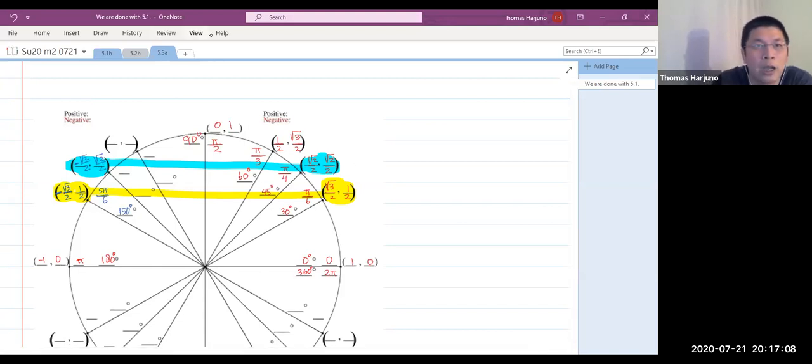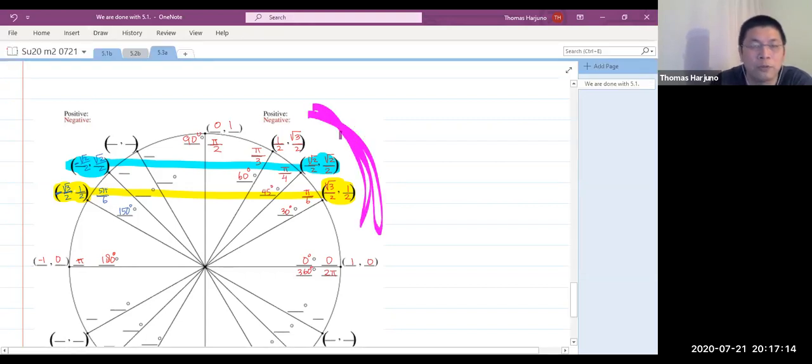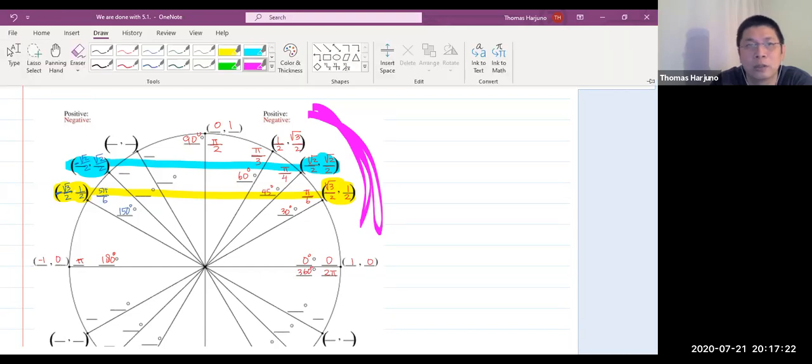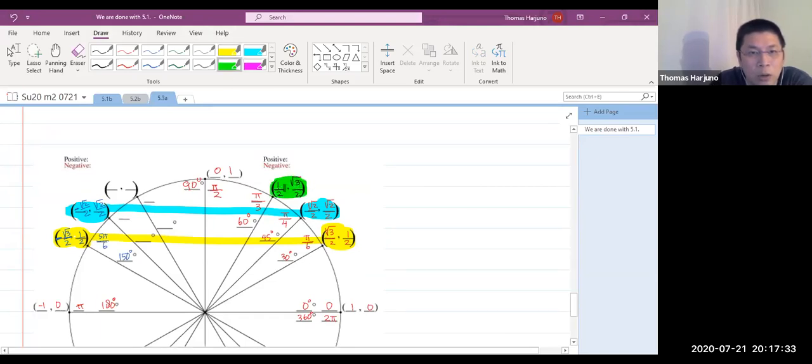That's why I strongly suggest you memorize what you have on this side first. If you memorize what you have on that side, then developing that into quadrant 2 or quadrant 3 will be a lot easier. Now, how about this guy here? This guy here will correspond to the guy here. The x will be the opposite, negative 1/2, but the y will be the same, square root of 3 over 2.